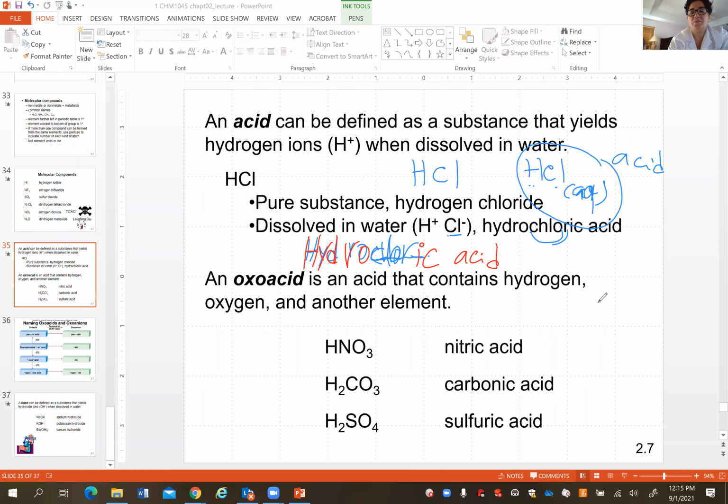So now, what would be the name for this compound? Can anyone tell me the name for this compound? It's a molecular compound, made of 2 nonmetals.